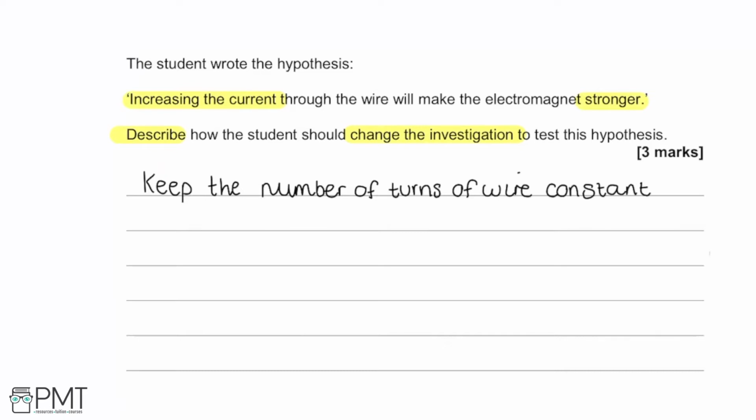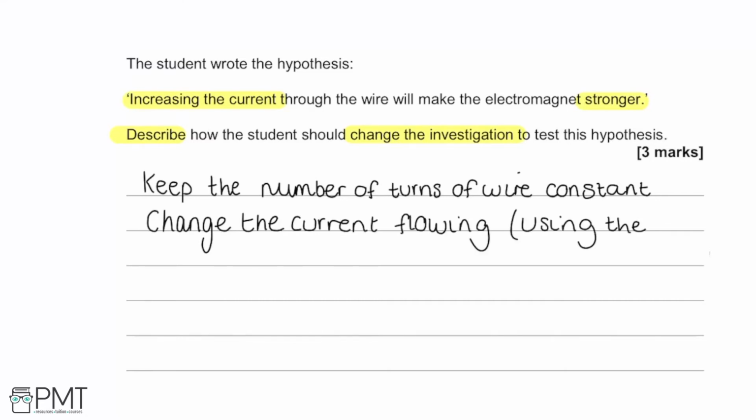However, our new independent variable, the thing that we're going to be changing throughout the experiment, is going to be the current in the circuit. And the circuit diagram has a variable resistor drawn into it, so we're basically going to use the variable resistor to change the current a few times.